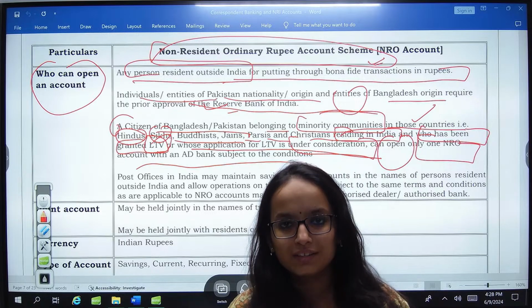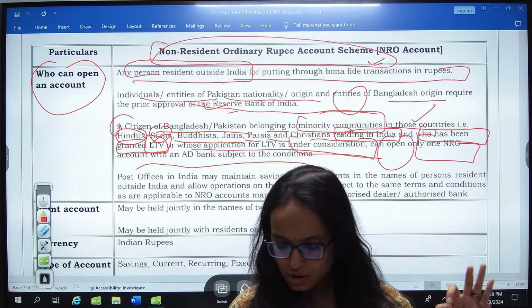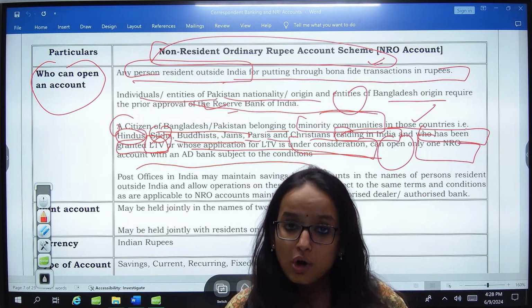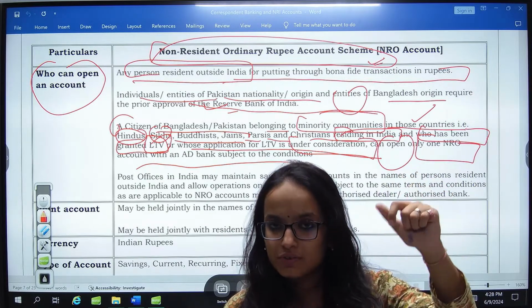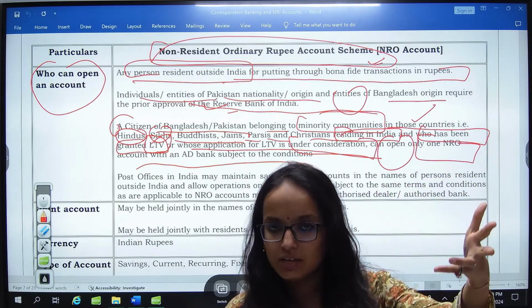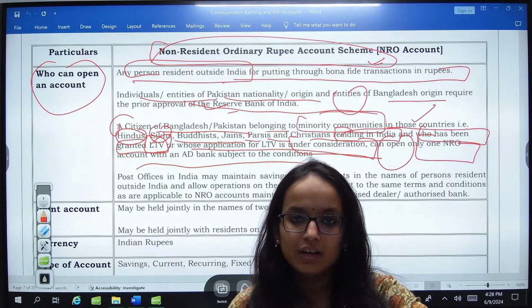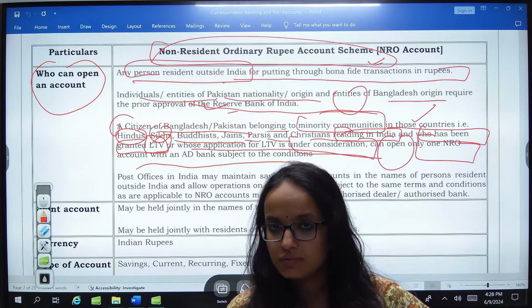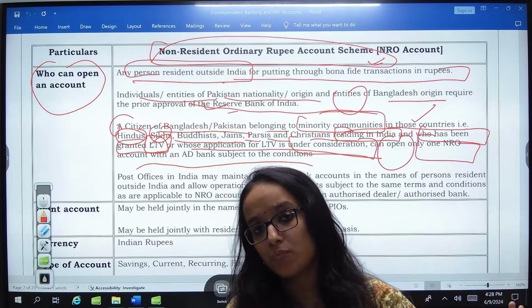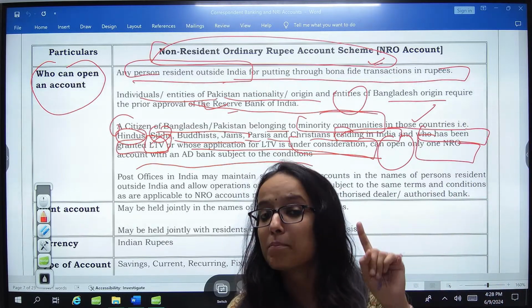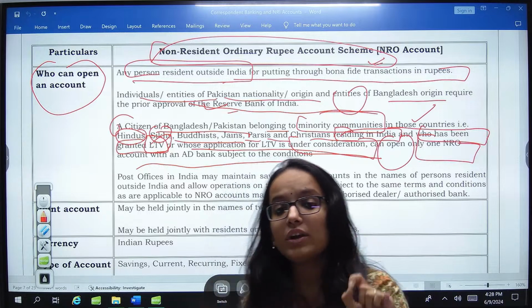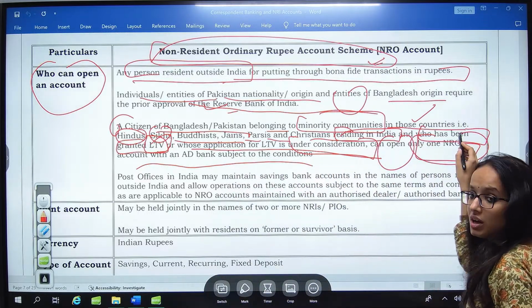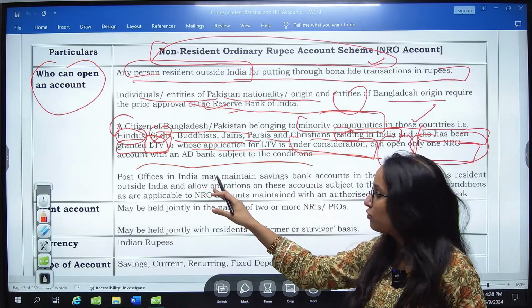So you should remember them, that any citizen belonging to either of the countries, Bangladesh or Pakistan, belonging to their minority communities, which are Hindu, Buddh, Sikh, Parsi, Jain, residing in India with a long-term visa or their application under process for long-term visa, can also open an NRO account, but they can only open one NRO account with an authorized dealer bank from India.